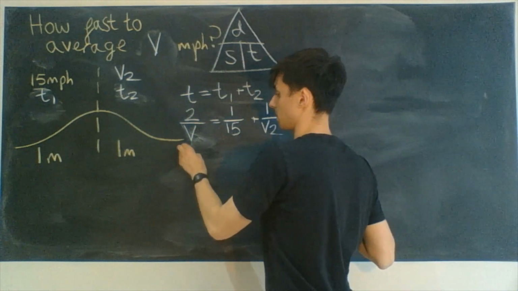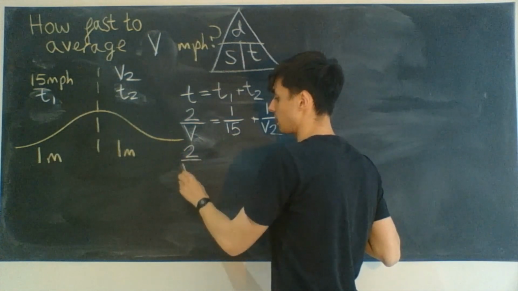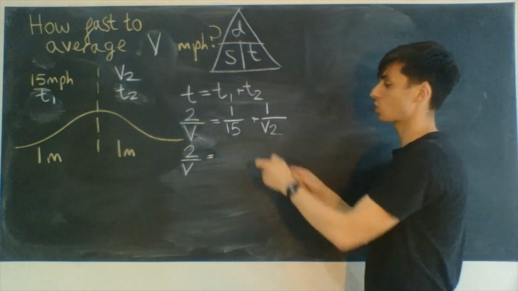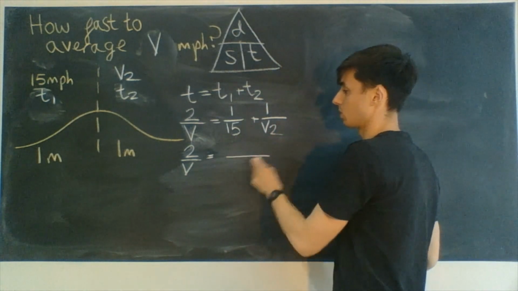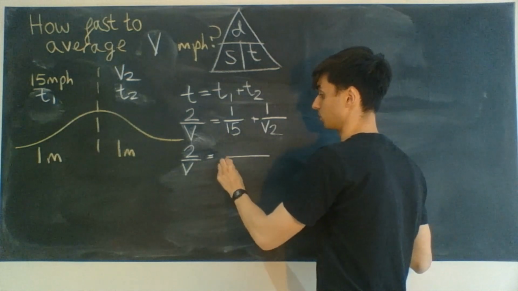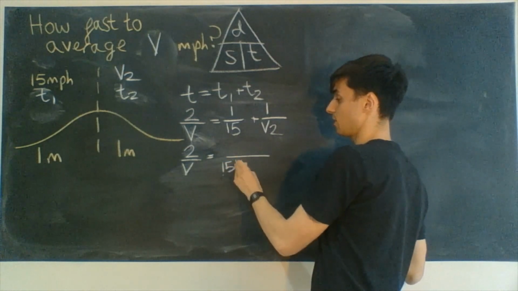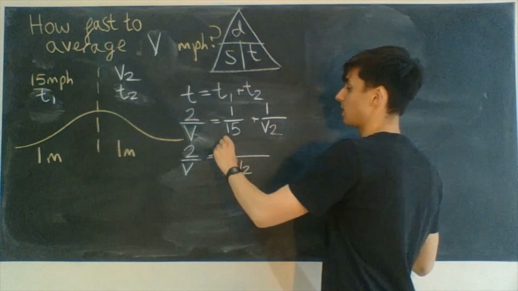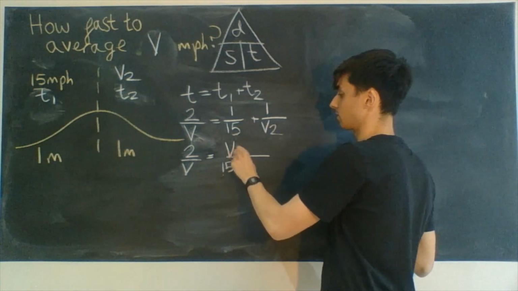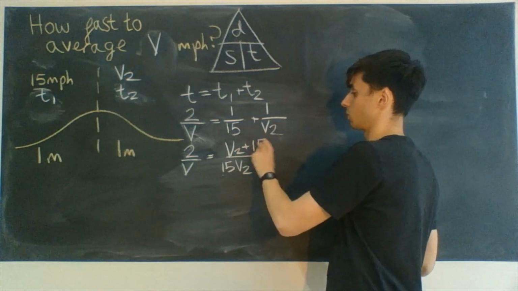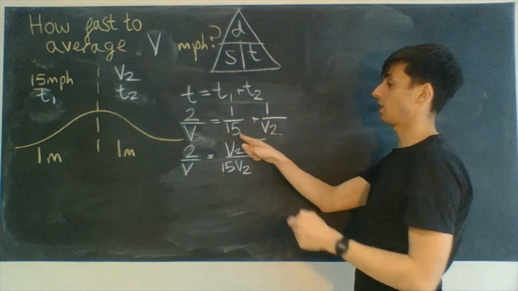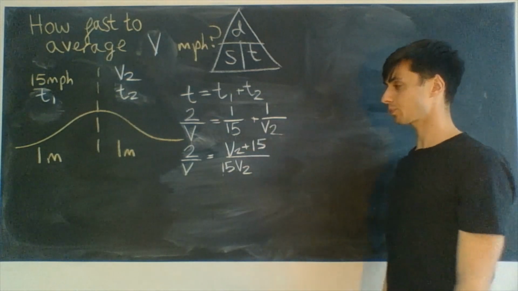Let's go for it. We've got 2 over v on the left, and on the right hand side we need to give these a common denominator. So we're going to get 15v2 on the bottom, and on the top we're going to get v2 plus 15. And that just comes from multiplying this fraction by v2 and this fraction by 15.